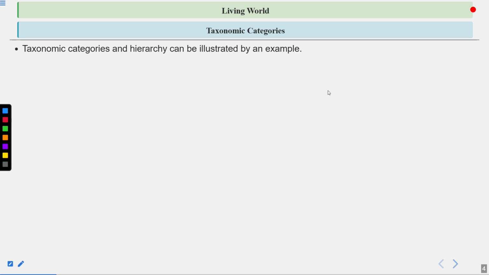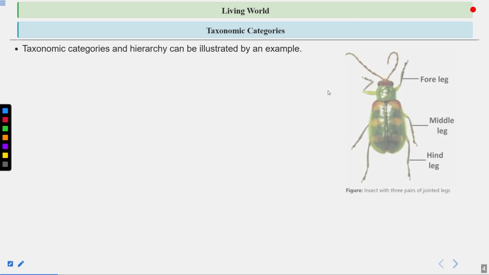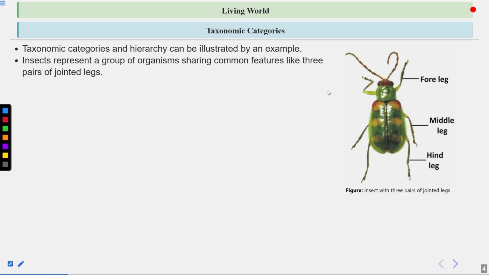Taxonomic categories and hierarchy can be illustrated by an example. So let's understand the taxonomic categories and taxonomic hierarchy using an example. Insects represent a group of organisms sharing common features like 3 pair of jointed legs. So here in this figure, you can see this is an insect which belongs to the phylum Arthropoda.